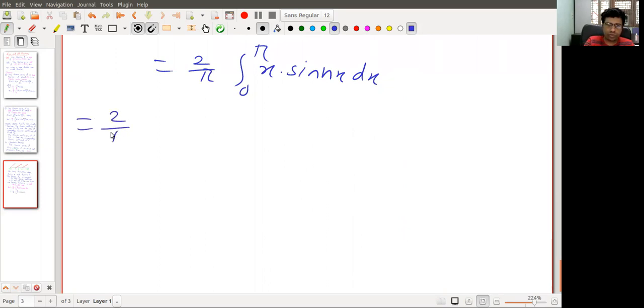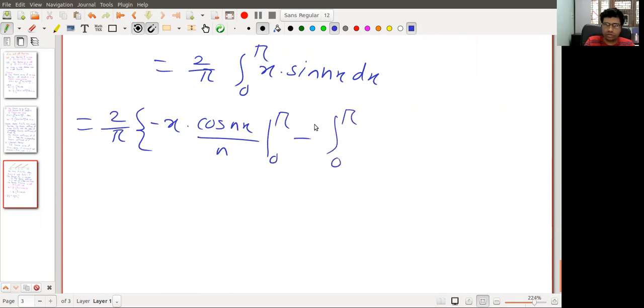So this is 2 upon pi. The first term is x, the integral of the second, the integral of sine nx, is minus cos nx upon n, with limits 0 to pi, minus the integral of the derivative of the first, that is 1, times the integral of sine nx, so this becomes plus cos nx upon n dx.